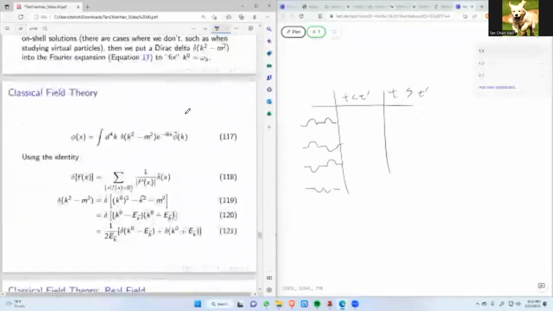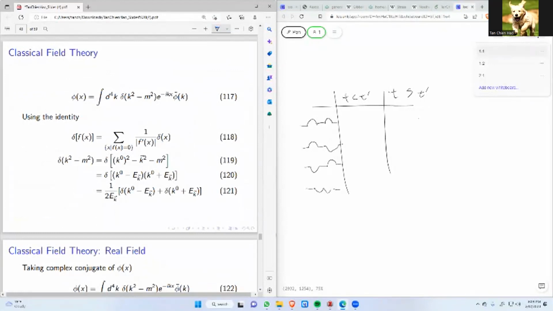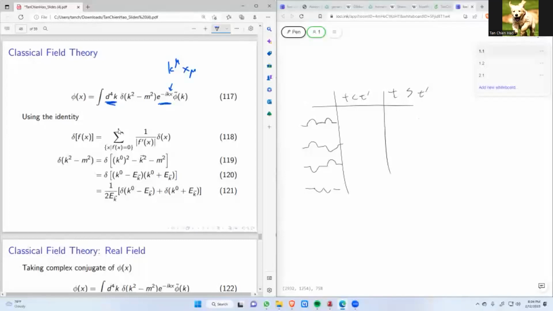Okay, so let's talk about classical field theory today. This is also related to a question that Jeb asked previously. When I showed in my slides, I integrated over four-momentum, and then integrated e to the minus ikx, where this is the contraction of the four-momentum with the four-position.